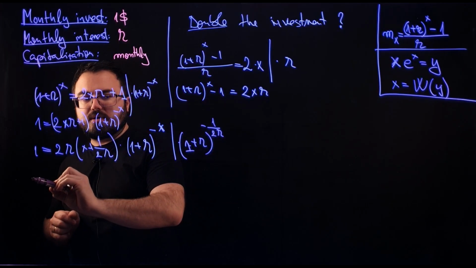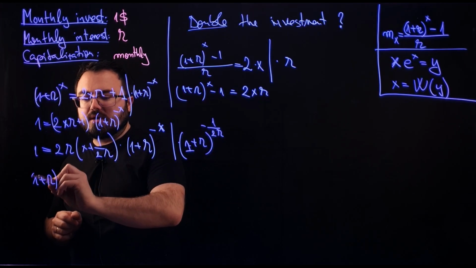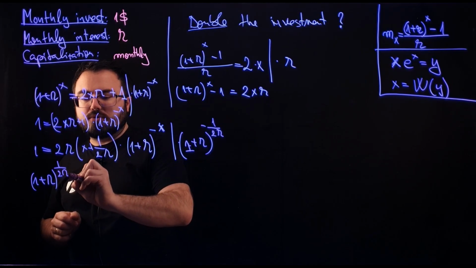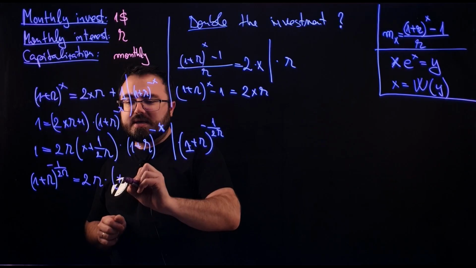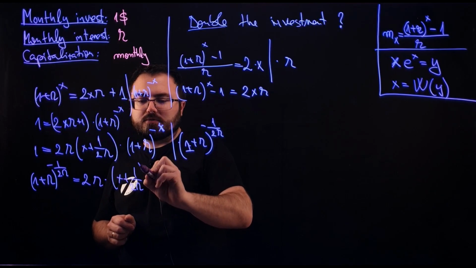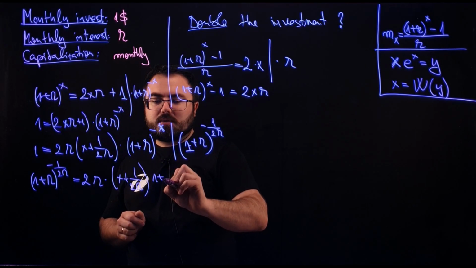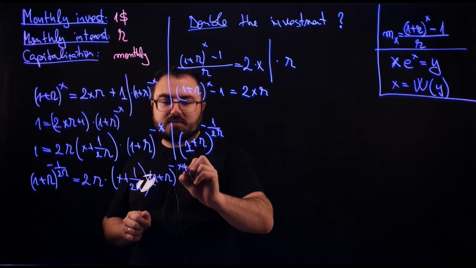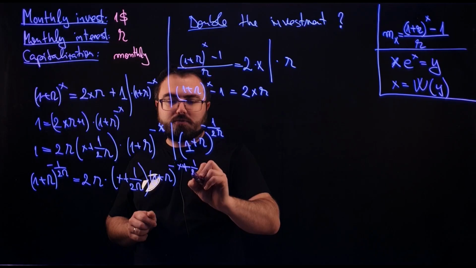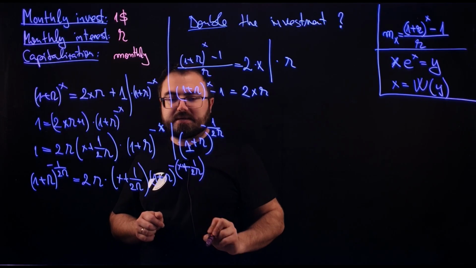So we have (1 + R)^(-1/(2R)) equal to 2R (x + 1/(2R)) (1 + R)^(-(x + 1/(2R))).